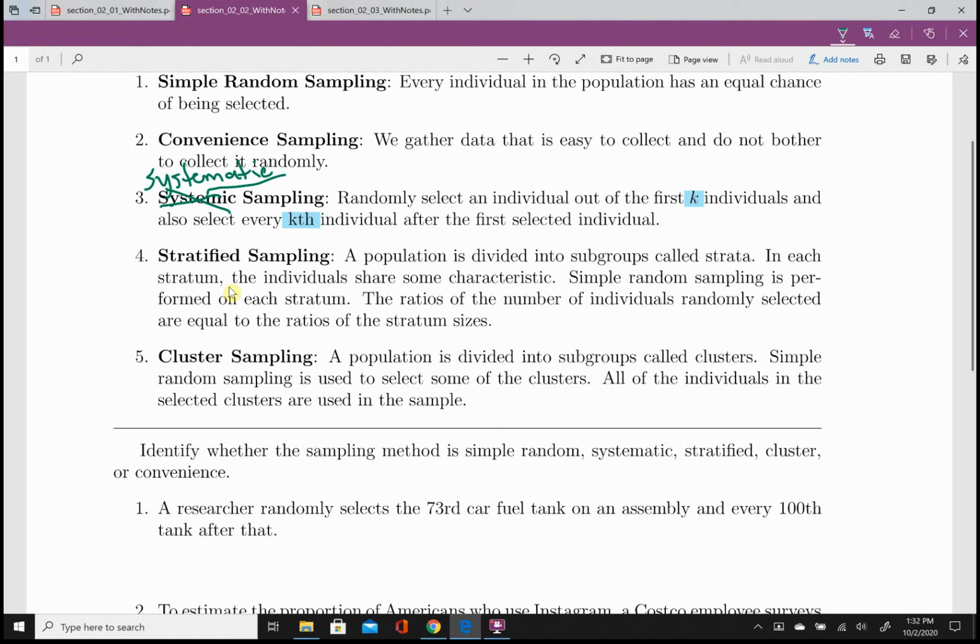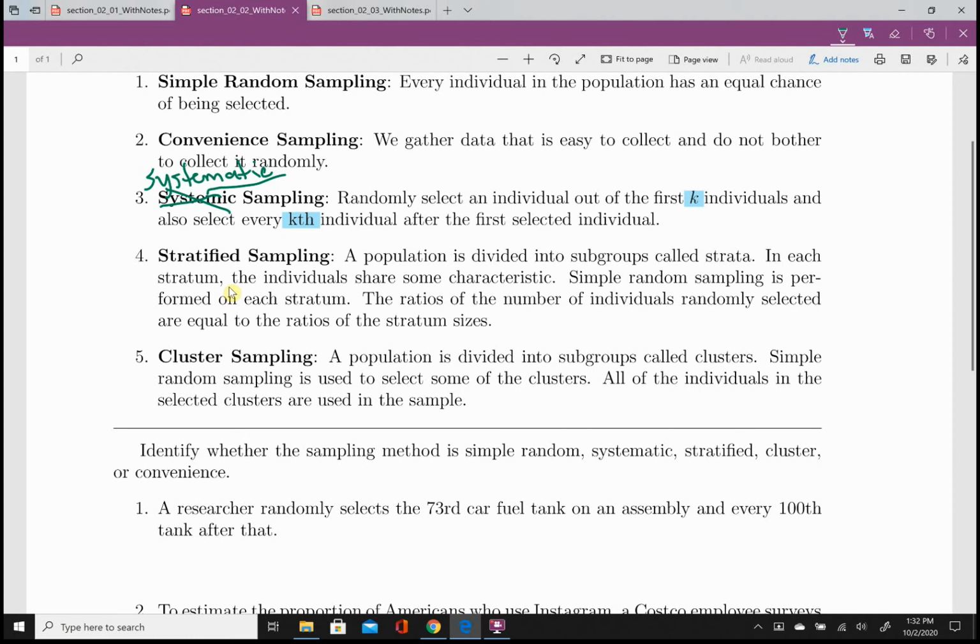Stratified sampling is most easily confused with the next one I'm going to describe, cluster sampling, which is a population divided into subgroups called clusters. You do simple random sampling to select some of the clusters, and all the individuals in the selected clusters are used in the sample.